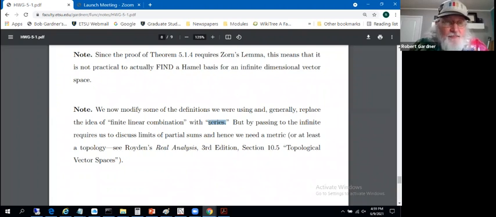But to do that, we got to be able to talk about limits, because series are limits. They're limits of sequences of partial sums. So we must have a metric to do this. Well, we need to be able to talk about limits, and you can weaken that structure a little bit and have simply a topology, and you can talk about limits in a topological space setting.